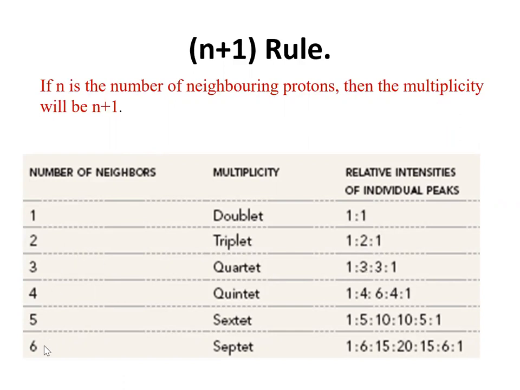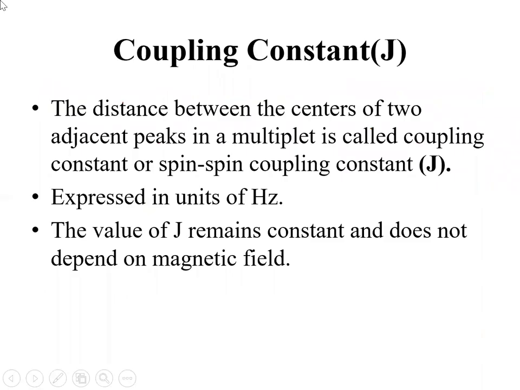In the same way, we get different types of signals of different multiplicity with different relative intensities. Okay? Is it clear? We can find these values using Pascal's triangle also, as we have discussed in our earlier video lecture.